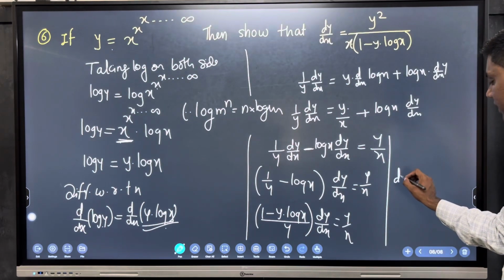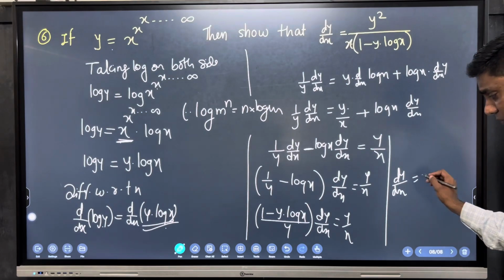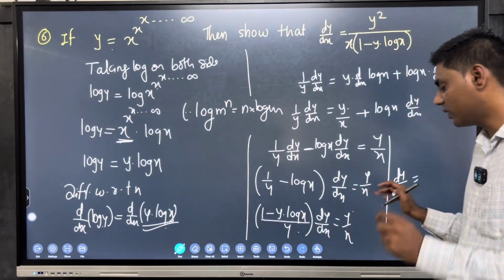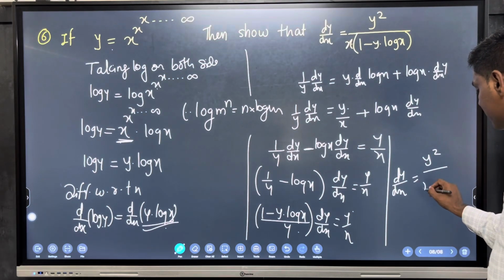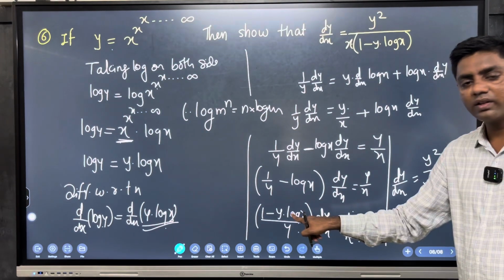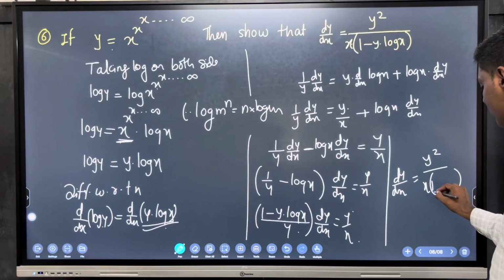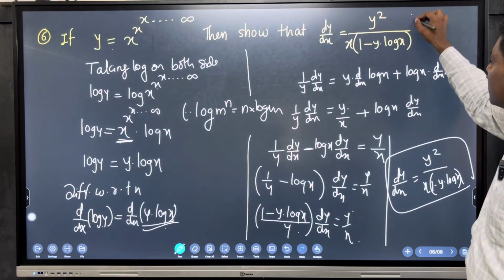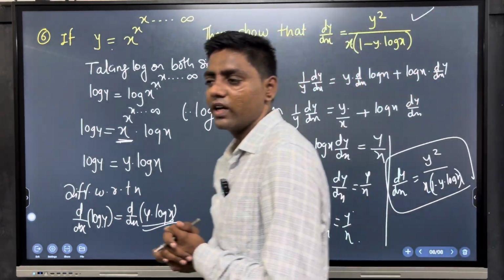The final answer of dy by dx: the denominator y goes to the numerator, y into y becomes y square, divided by x at the denominator, and the bracket goes to divide. So we get y square upon x into 1 minus y log of x. This is the solution of this question, and we get the final answer.